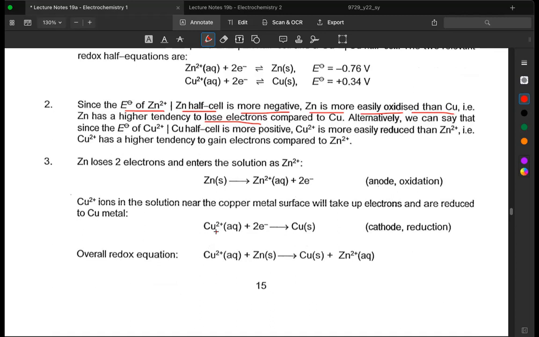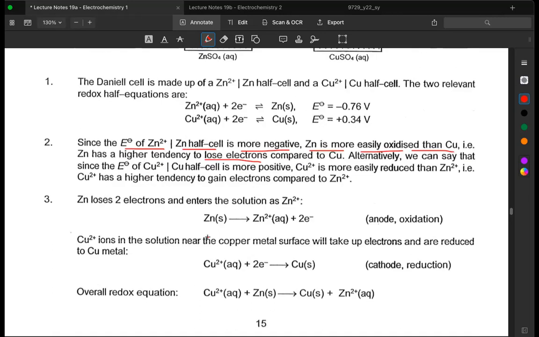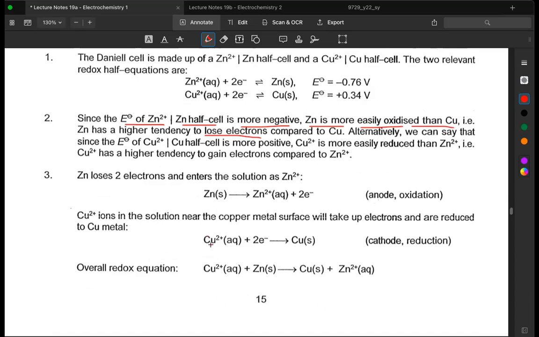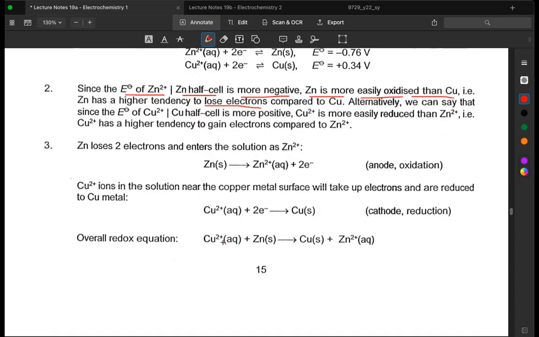It has something to do with the SPDF, the d orbitals. Now, the copper 2 plus in the solution near the copper metal will take up the electrons and reduce to copper metal, reduction. So this is the overall redox reaction.